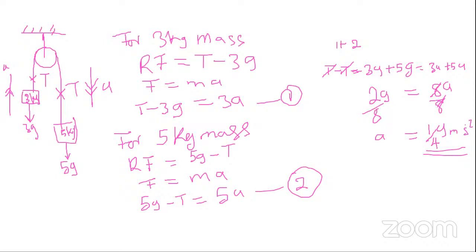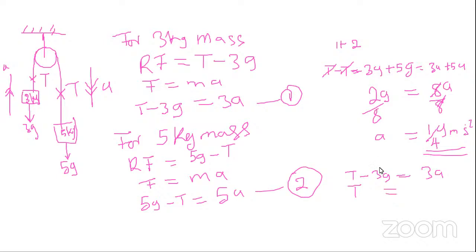Then now to find T, we shall choose one equation and substitute there the value of g. So which equation can we use? We use equation 1: T minus 3g is equal to 3a.